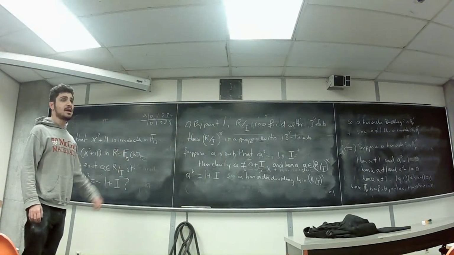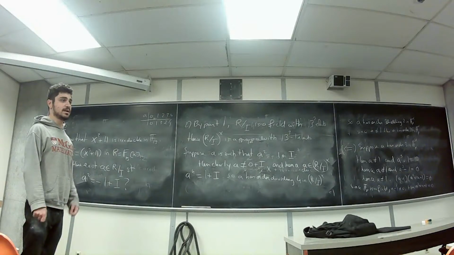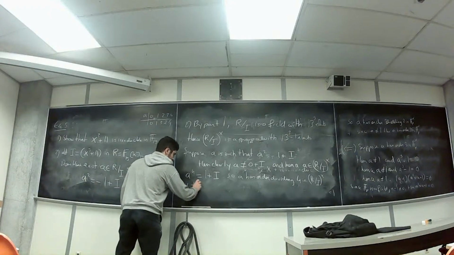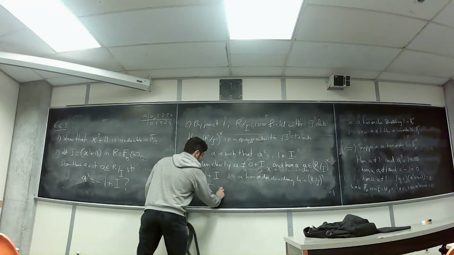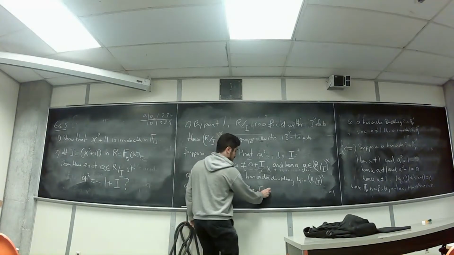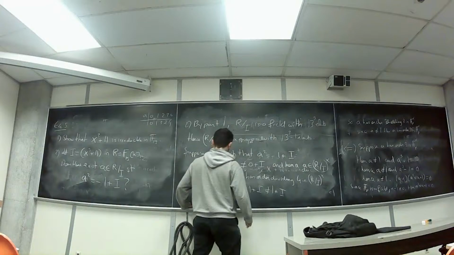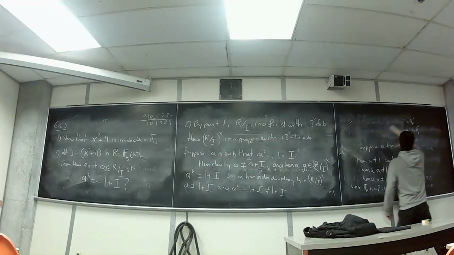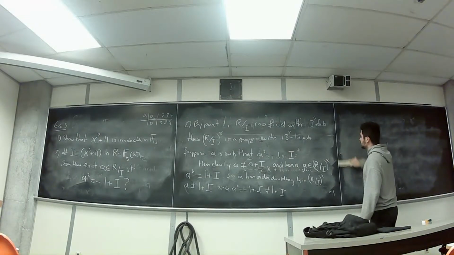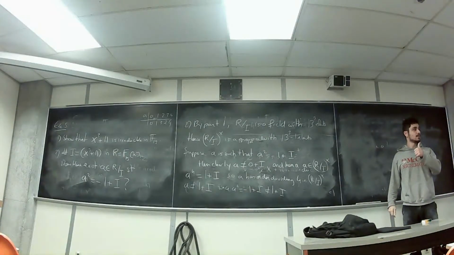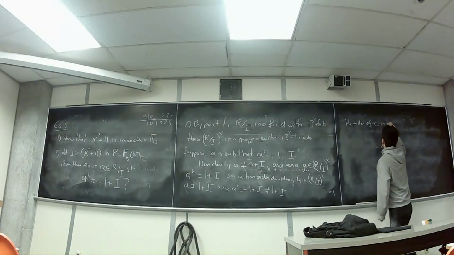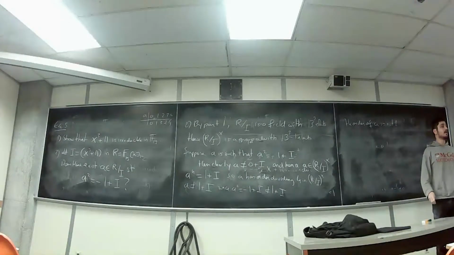Now, can A be equal to 1? If A squared is minus 1, A is different than 1, since A squared is minus 1 plus I, which is different than 1 plus I. So what is the order of A? It is not 1. Is it equal to 2?